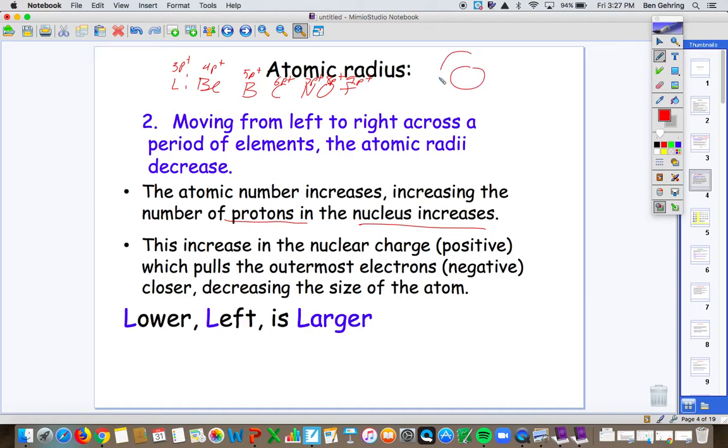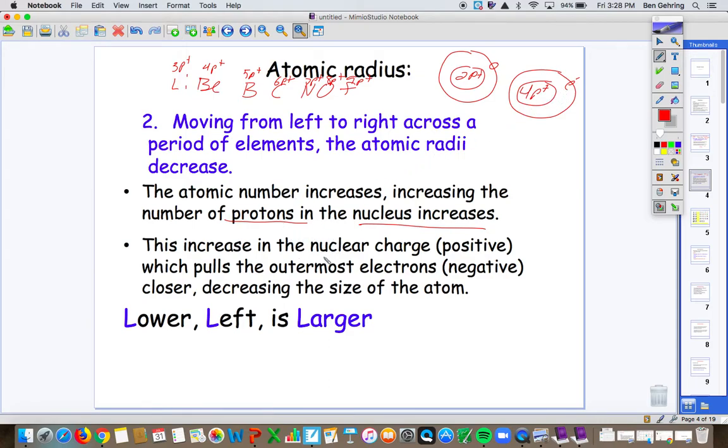So if I have a nucleus pulling on this electron, now I have 2 protons versus this one that's got, let's give it 4 protons, just for the sake of fun. This 4 protons is going to hold this closer because there's more charge.